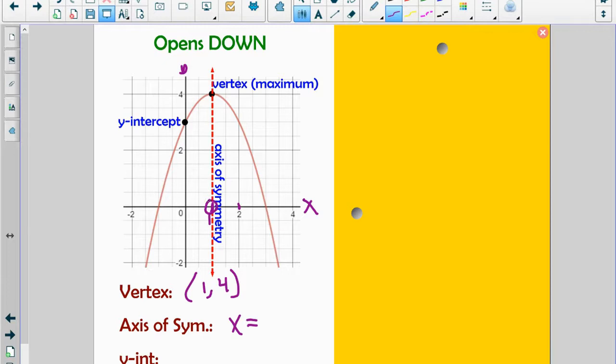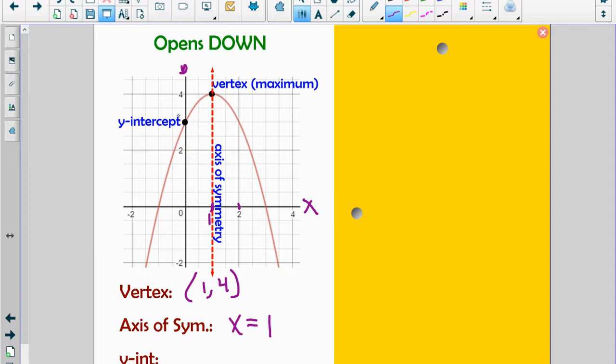So right here, it crossed the x-axis at 1. So our axis of symmetry has the equation x equals 1. And that's because every single point on that axis of symmetry would have an x-coordinate of 1, whether it's 1, 0 or 1, 2 or 1, 3. Anything on that line is going to have an x-coordinate of 1.